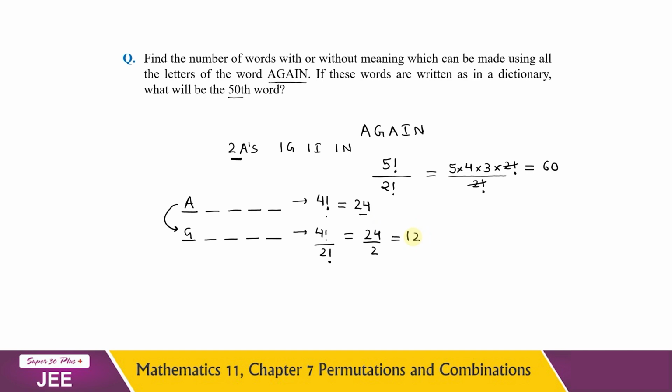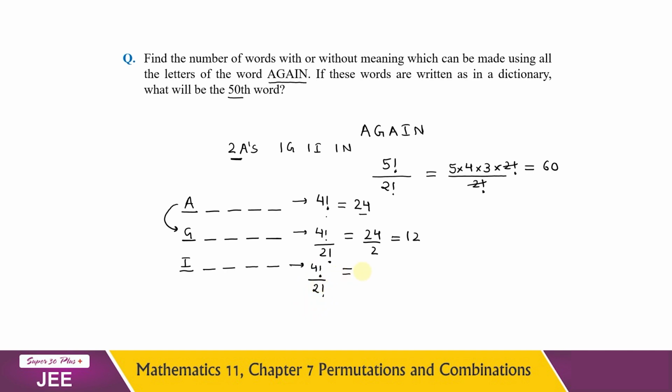Now after G, what comes in the dictionary out of these letters? We will have I. Again we have 4 vacant places to arrange. Now I is gone. We have 2 A's, 1 G and 1 N. They can be arranged in 4 factorial divided by 2 factorial ways, because of the repetition of 2 A's.